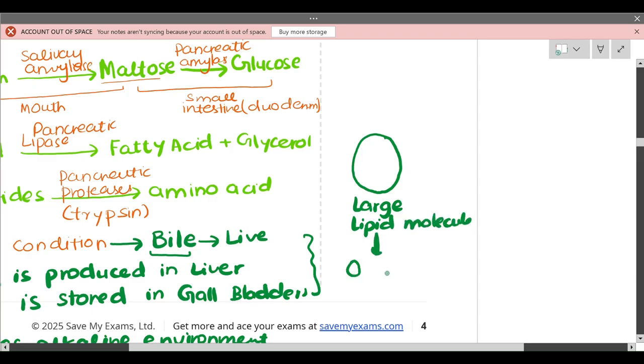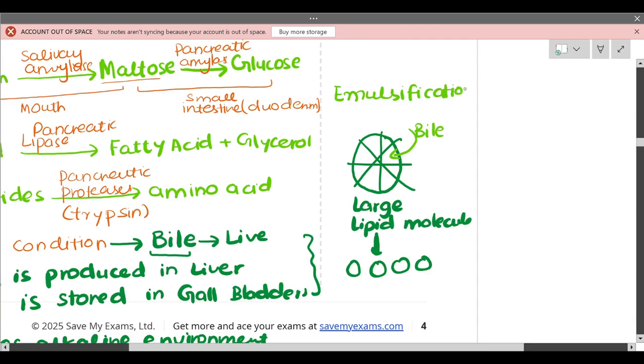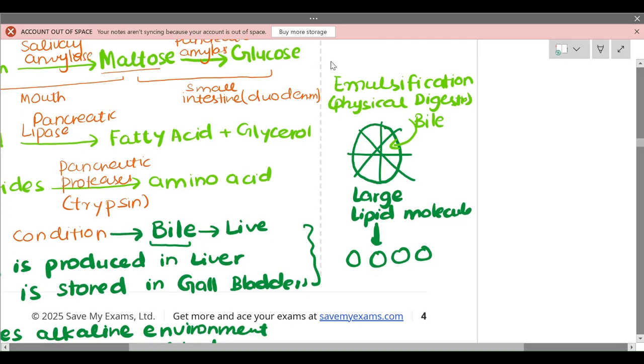These smaller pieces are formed as a result of the action of bile. Emulsification is the specific term for this, but it is a type of physical digestion. It's not different from physical digestion, because here only the larger pieces of lipids are converted into smaller ones.